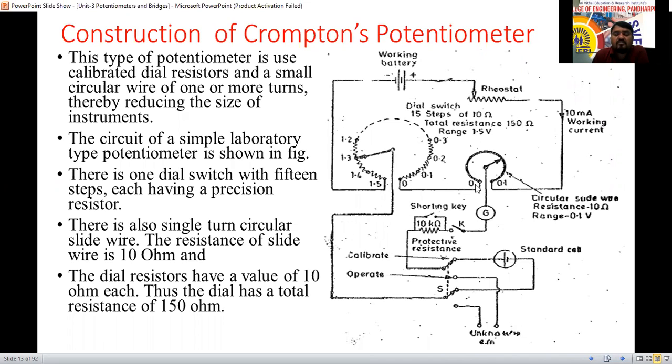So the dial resistors have a value of 10 ohm each, and thus the dial has a total resistance of 150 ohm. This they have mentioned here. This is the 150 dial, and this is the slide wire. The slide wire resistance is 10 ohm only in total.